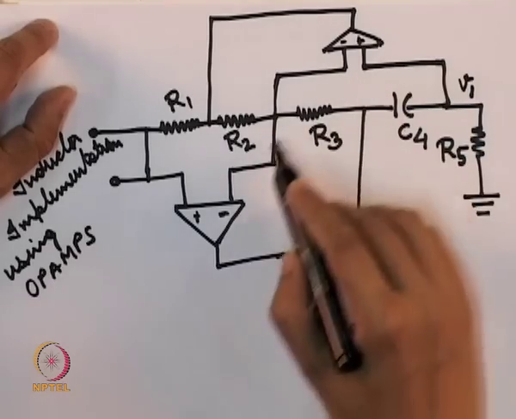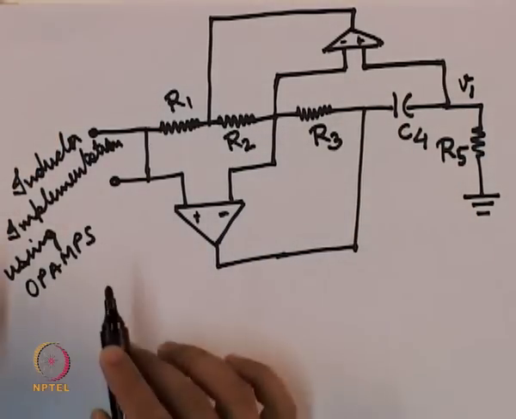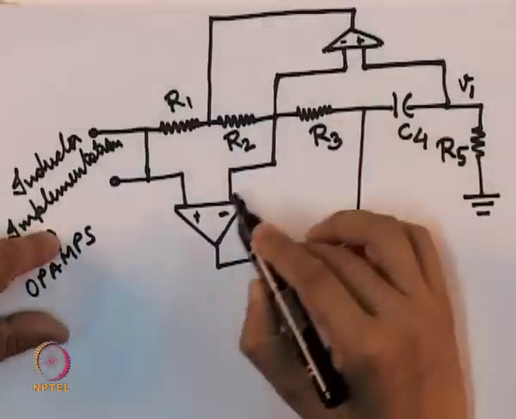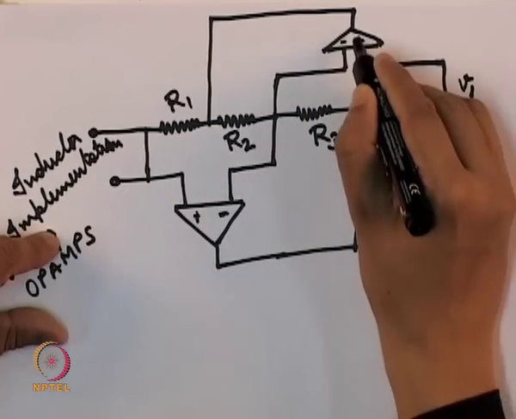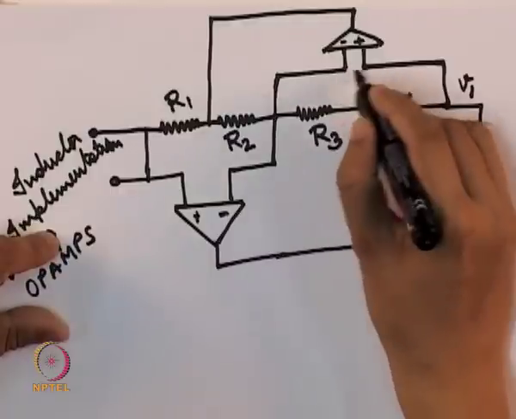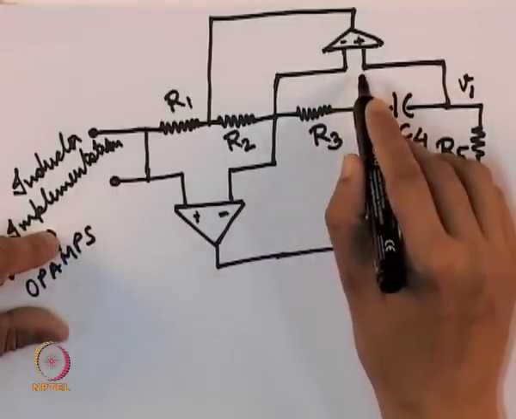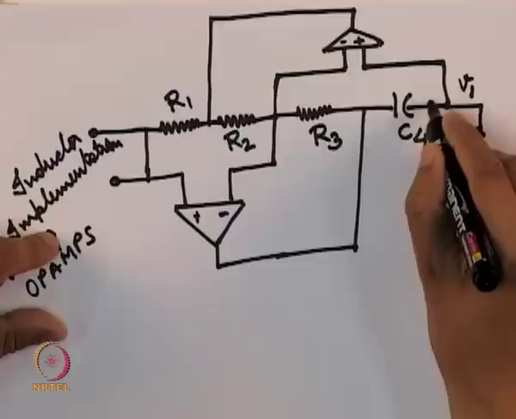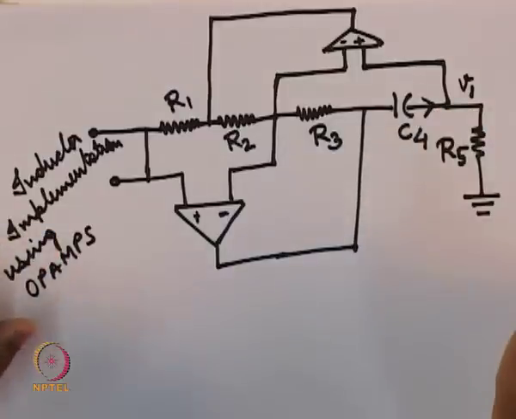So, first see these op amps. Now, in order to prove that this is really an inductor, let us first assume that these op amps are ideal op amps. If these are ideal op amps, then there is no current flowing into each op amp. Now, in this first case, what is the current flowing through this arm?